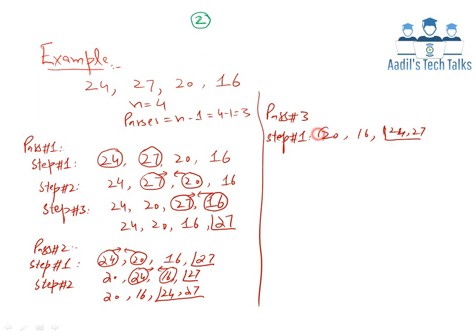Step number 1, so element number 1, which is 20, is compared with the next element, which is 16. 16 is smaller than 20, so there is a possibility of interchange: 16 and 20. As we can see that after 20 there is no element available for processing, so 16, 20, 24 and 27, this was the last pass number 3. So the list is sorted.